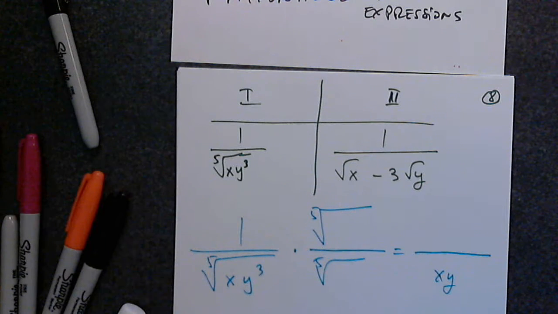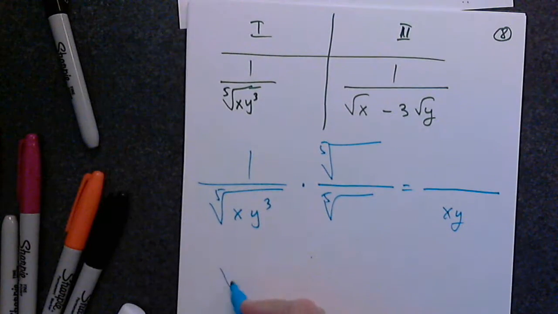Now, how many x's should I have under the fifth root to clear the radical? The fifth root of x to which power will clear the radical? Let me write this. Maybe it's not clear if I don't write it. So I'm asking this question.